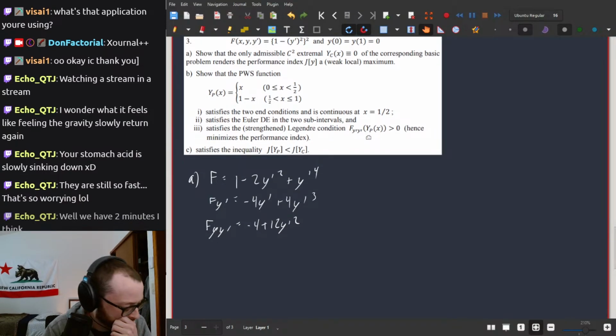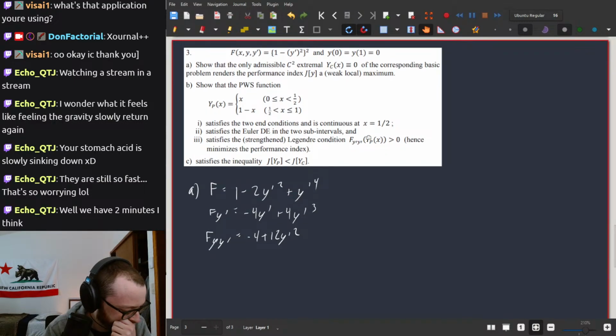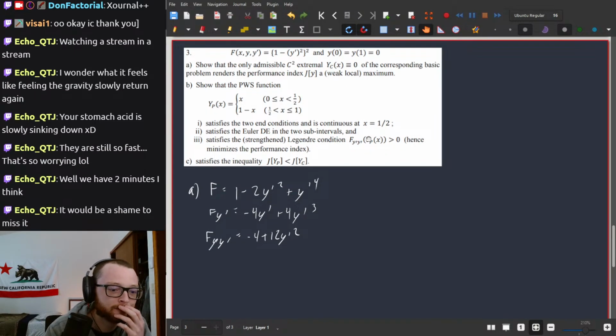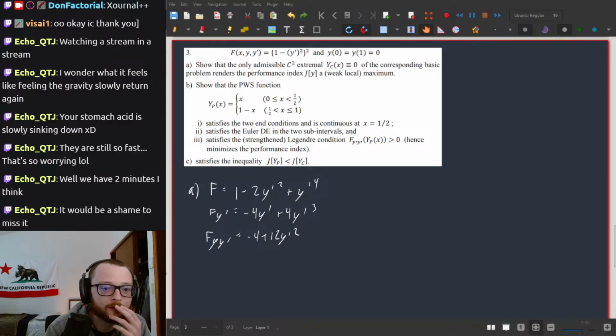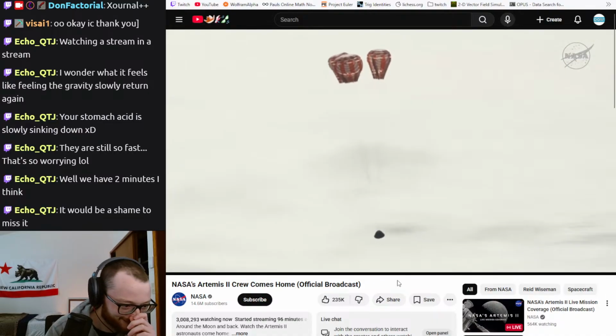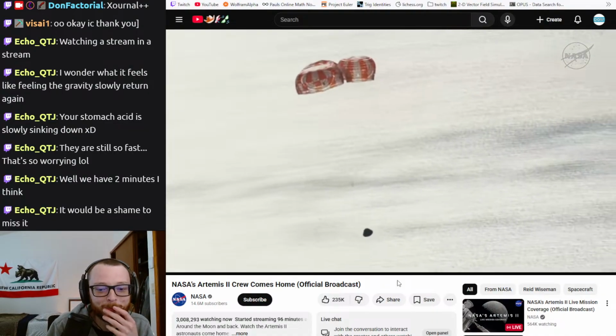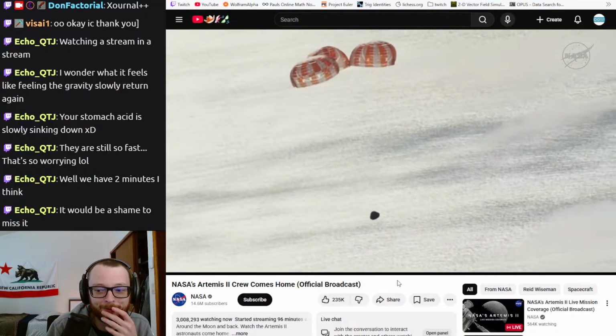Main chute deployed. 5,000 feet. Actually, okay. You know what? We'll just give it another 2 minutes.